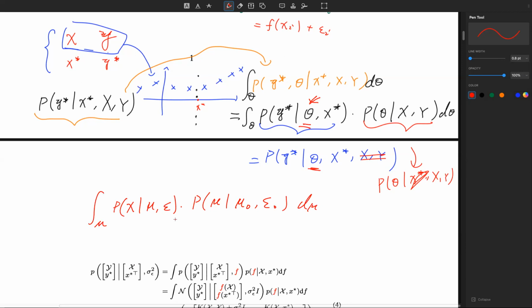But what if I wanted to make the covariance matrix a random variable? I also wanted to integrate out my covariance matrix. Can you do that? By the way, what kind of distribution would you put on the covariance matrix? Anyone study that in your stats class? Yeah, thank you. Wishart distribution.